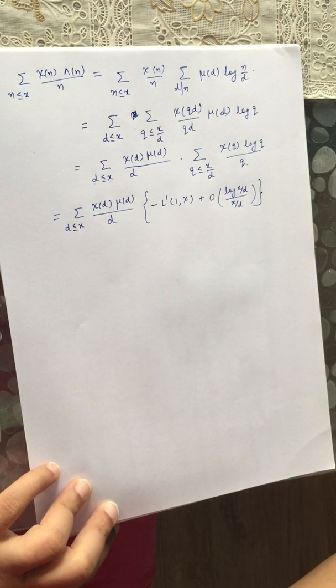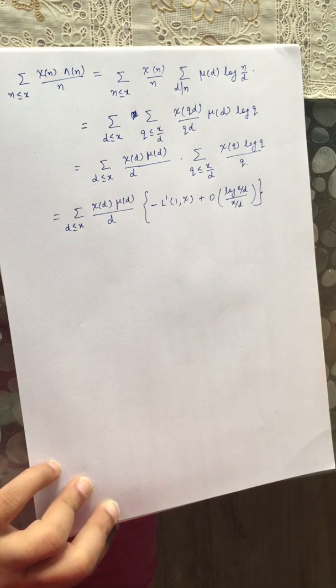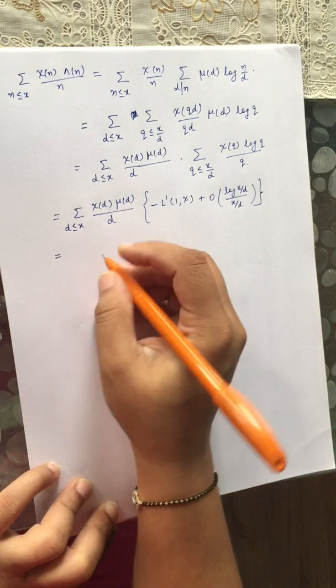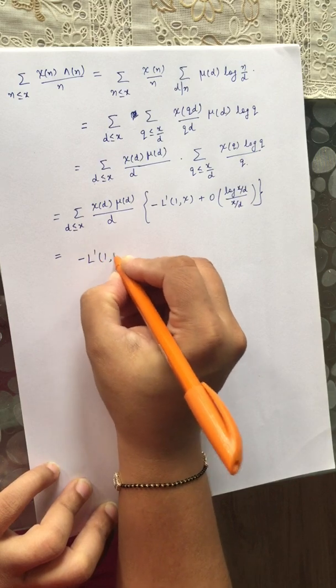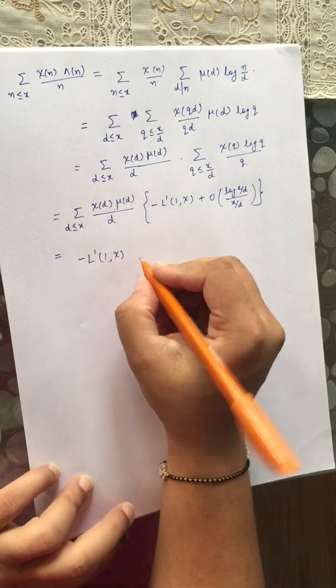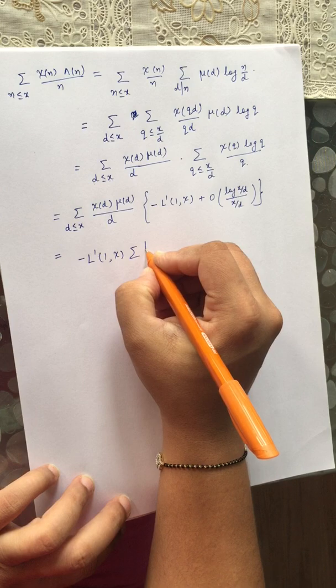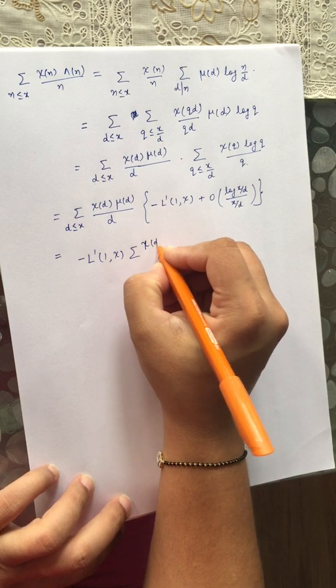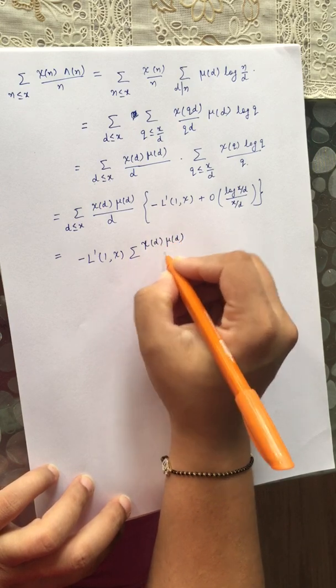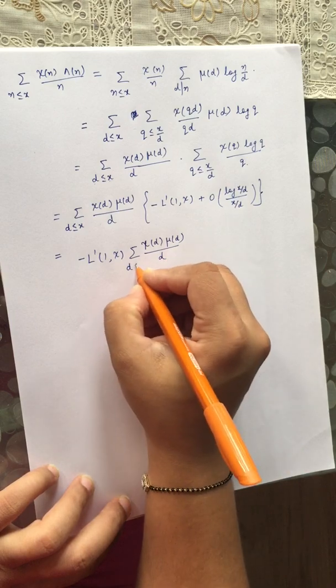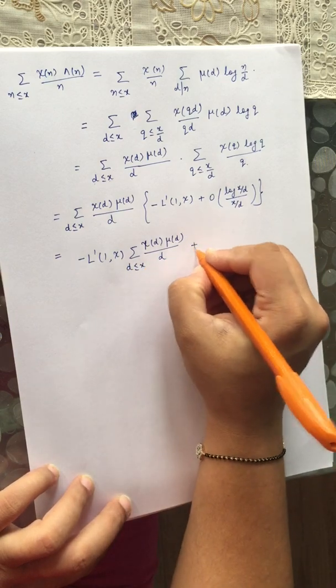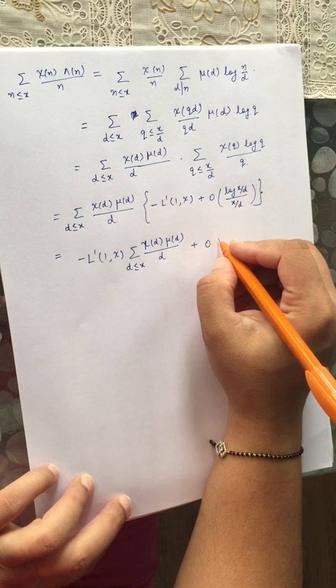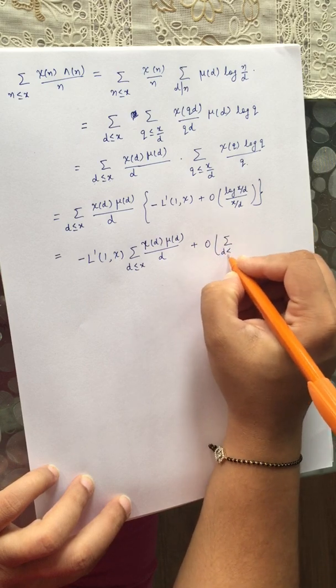This is the formula proved in theorem 6.18. So this becomes minus L'(1,χ) summation χ(d)μ(d)/d over d, plus the order term, which can be written as summation d less than or equal to x.